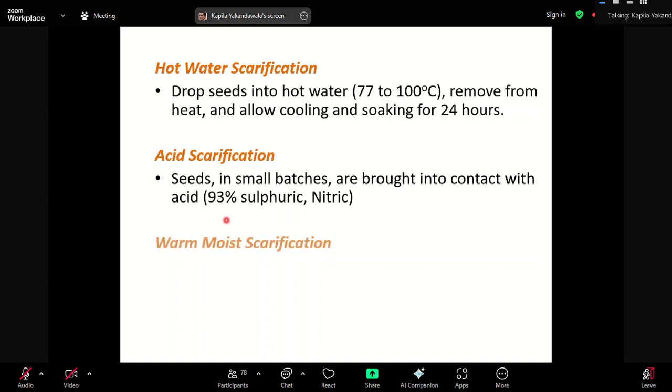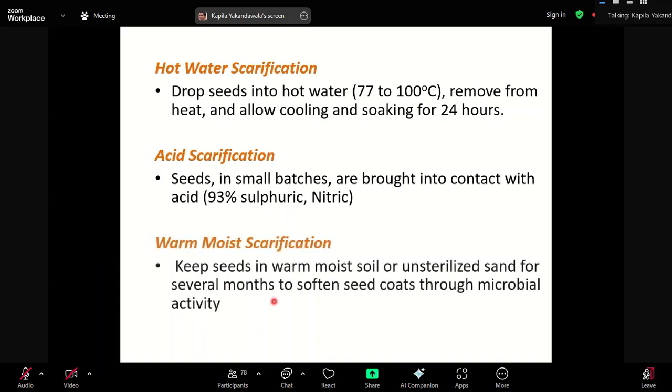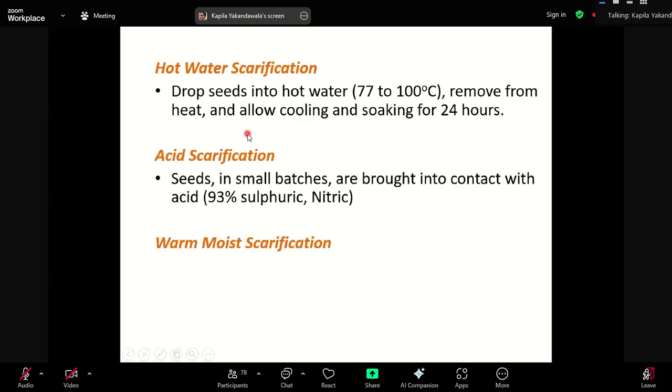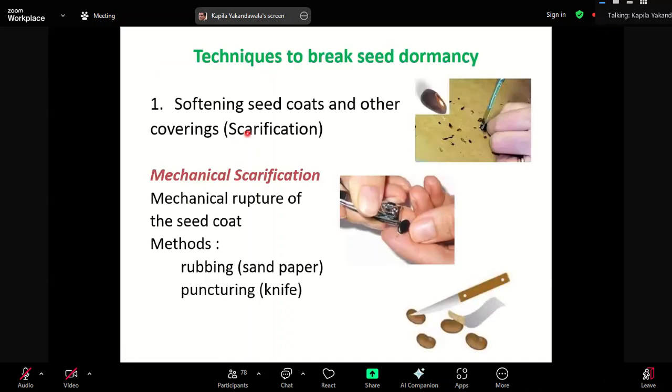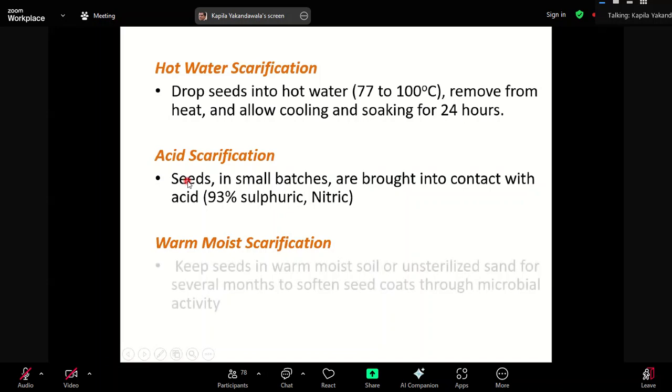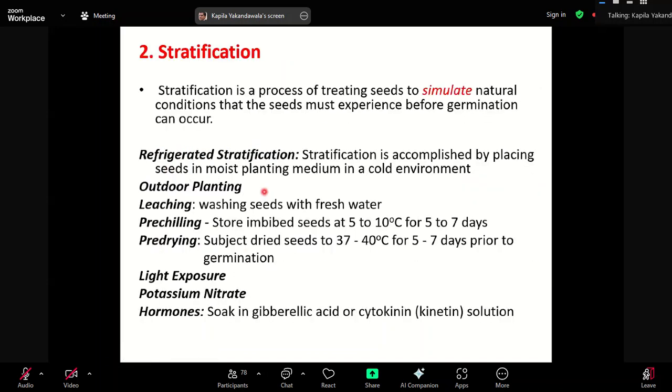You can soak seeds in acid, or warm moist scarification, that is keeping seeds in moist, warm soil or unsterilized sand for several months so that the seed coat may become softened due to microbial activity. It can decompose, then the seed can absorb water and it can germinate. So these are the different scarification methods, that is, softening seed coat methods: mechanical, hot water, acid, warm scarification, right?